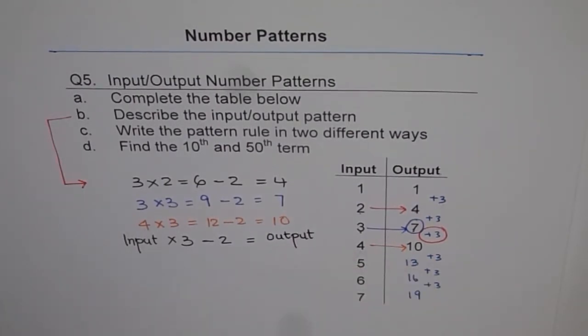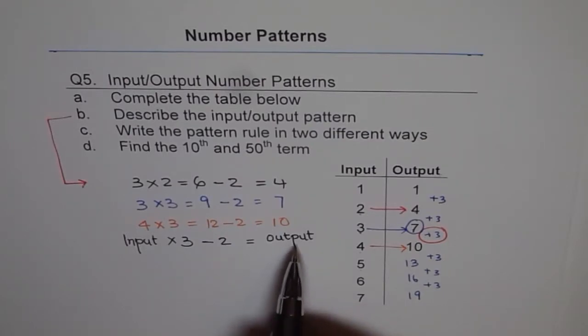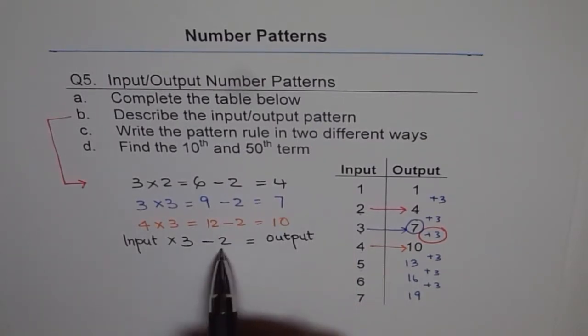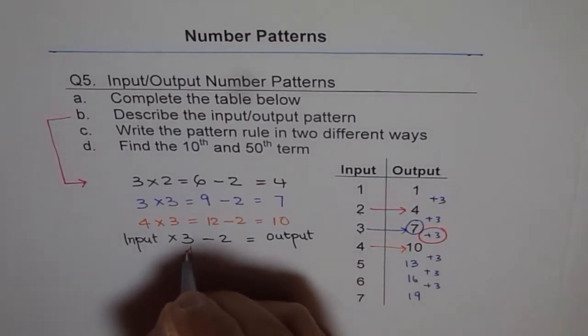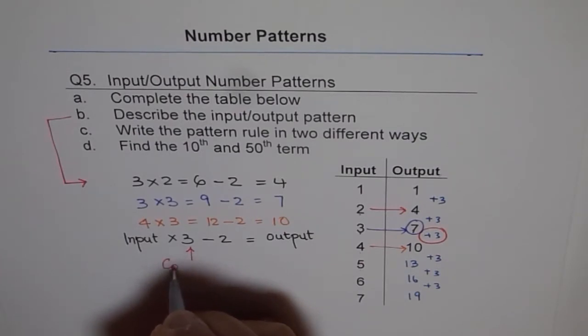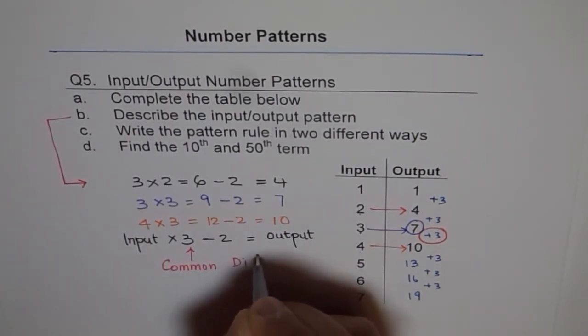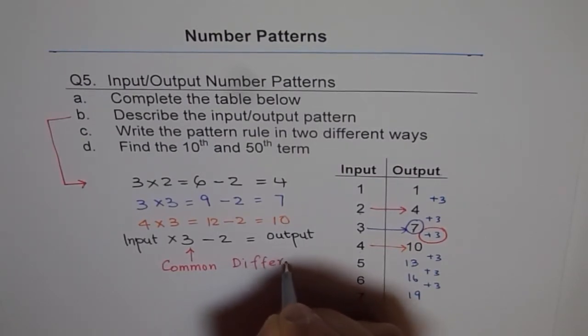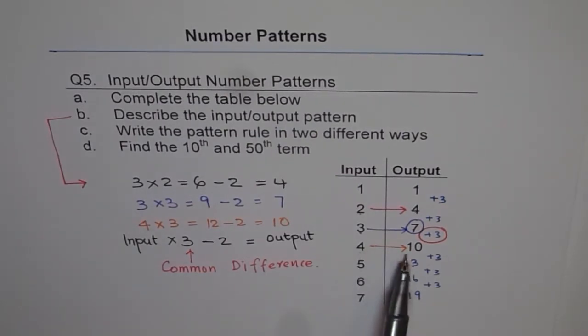Do you see? Output. And here what you learn now is you can get output from input by using a formula. We call this a formula, okay? And here this number 3 is called common difference. C-O-M-M-O-N, common difference. D-I-F-F-E-R-E-N-C-E, correct? So you can use common difference to find output from input, right?